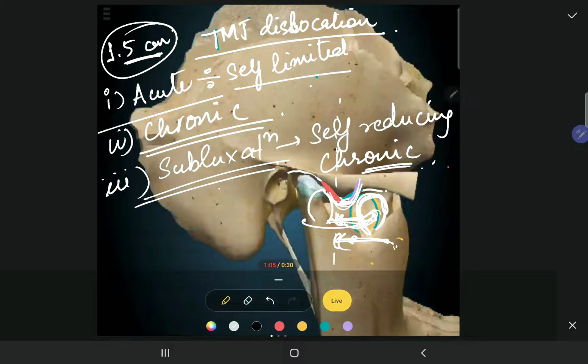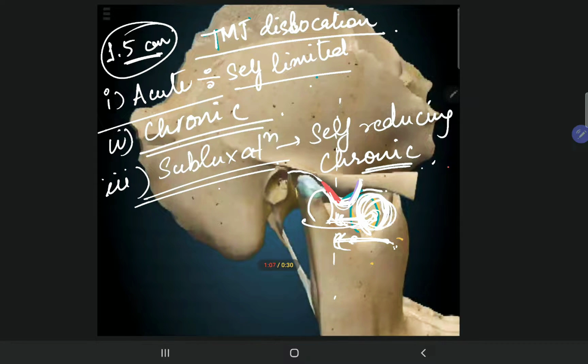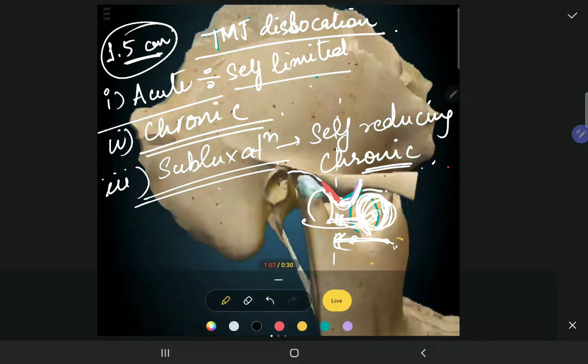In case there is a TMJ dislocation of one side, then we see the deviation of the chin to the opposite side. The person definitely will have pain and won't be able to close the mouth. In most situations there is inability to open the mouth, but what if this condyle is stuck here against the anterior slope of the articular eminence, the person will open the mouth, will get stuck and won't be able to close it.